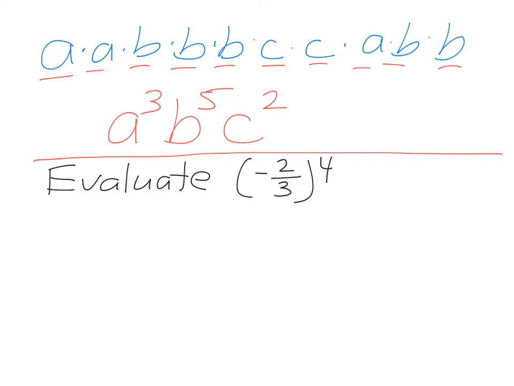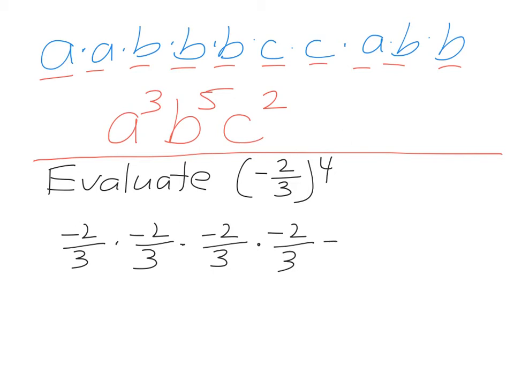But I'll start by writing what it means. Negative 2/3 to the fourth means negative 2 over 3 times negative 2 over 3 times negative 2 over 3 times negative 2 over 3, which we can then multiply totally out.